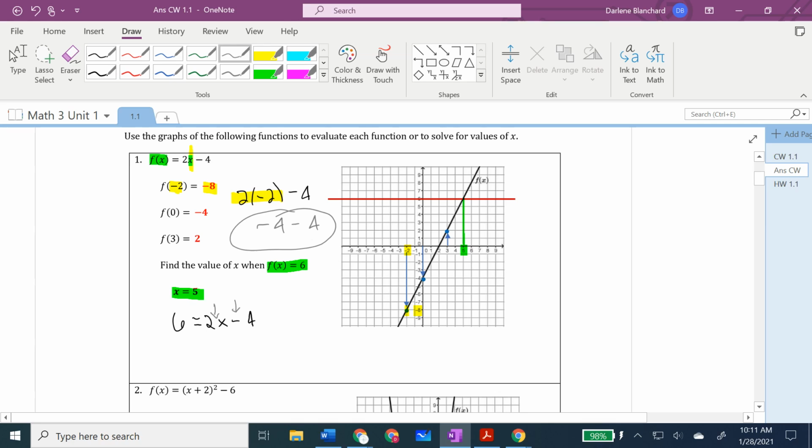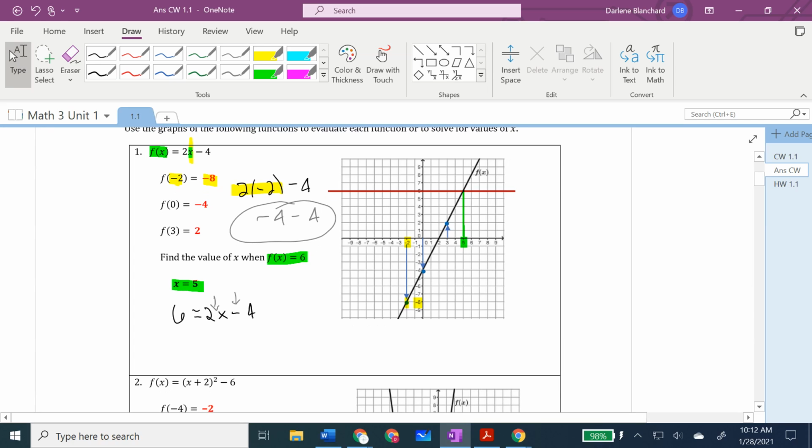So that means the subtraction is the weakest PEMDAS operation. It is the first one to undo. And we're going to be talking about that as we go through this unit. This unit is all about inverse functions and understanding the issues with inverses. And then divide by the 2 to get 5.